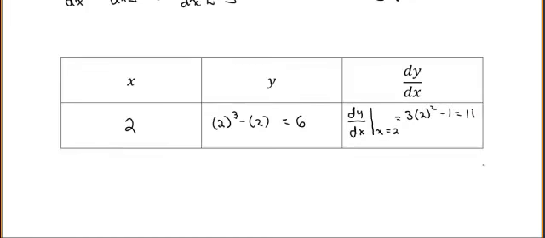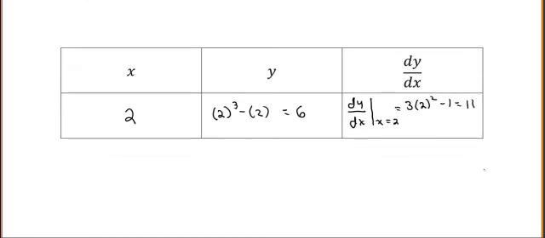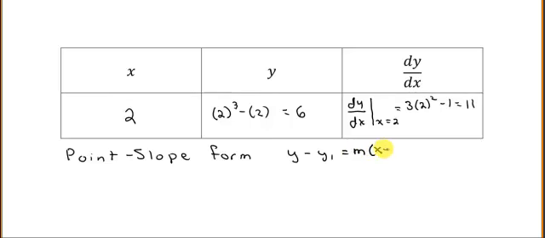So, all right, now we're ready to write the equation for the line. If we look at the point slope form of a line, the point slope form is y minus y1 is equal to m times the quantity x minus x1, where m is the slope of the line.